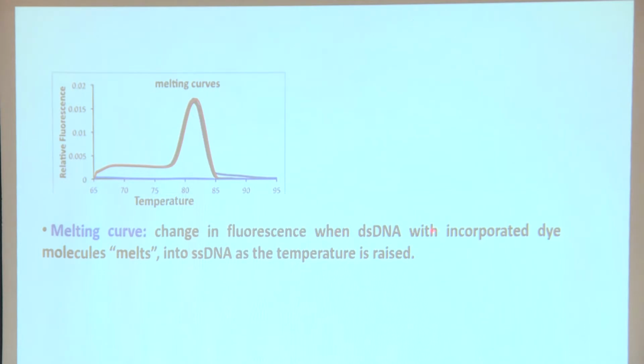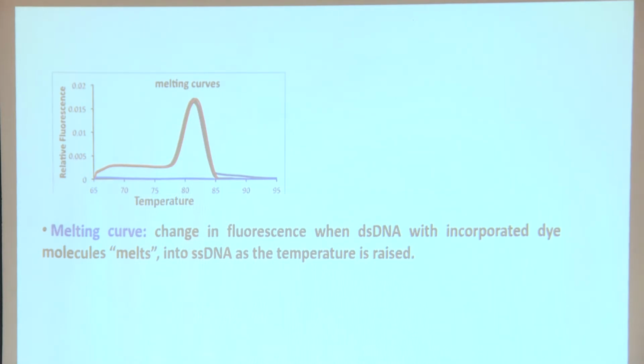The change in fluorescence when double stranded DNA with incorporated dye molecules melts into single stranded DNA as the temperature is raised. Did you understand what happens here? When double stranded DNA is subjected to a specific temperature at which it becomes single stranded, instantly the minor groove is lost, and the dye which is bound in the minor groove is detached.